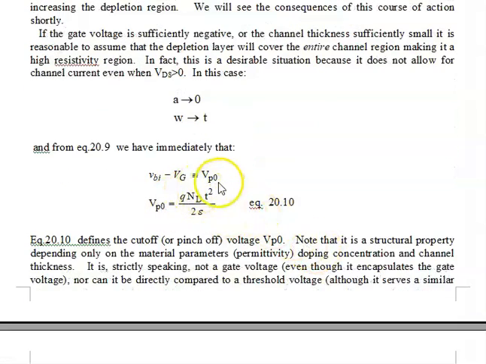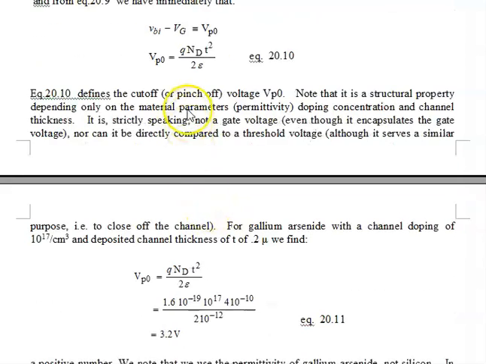And let's just put that in. Let's find out what that particular voltage is, what VBI minus VG is for that particular case. So instead of A, we put in T. It has to be squared. And of course, now we have to choose an ND. Well, let's choose 10 to the 17th, which is a pretty good number.